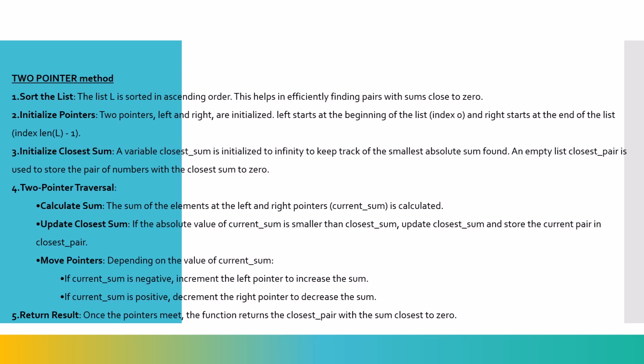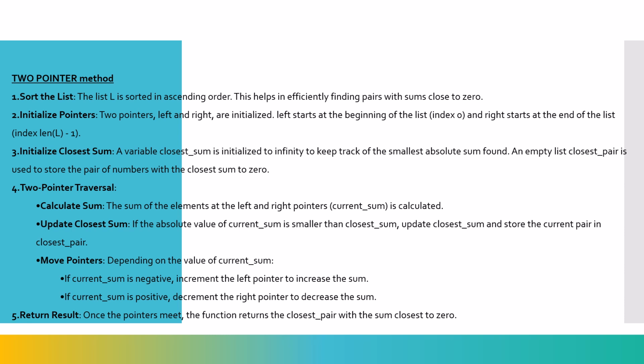Moving ahead, let's understand the optimization approach, which is known as the two pointers method. First of all, sort the list and use two pointers, that is start and end. Track the closest sum using the current sum, and move the pointers accordingly. If the sum is less than 0, move towards the left side.